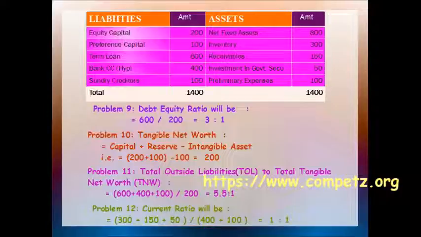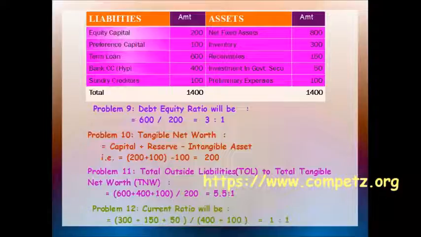It should be less than 3 so that the business can have total outside liabilities of a maximum of 3 times its total tangible net worth. If a lower number is there, it means more safety is there. Conversely, higher means weakness is there.